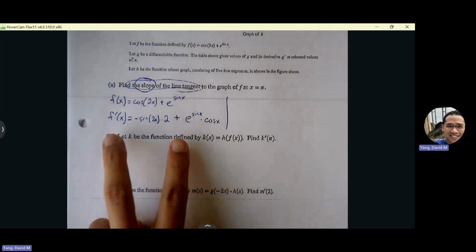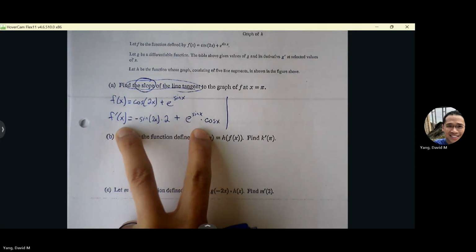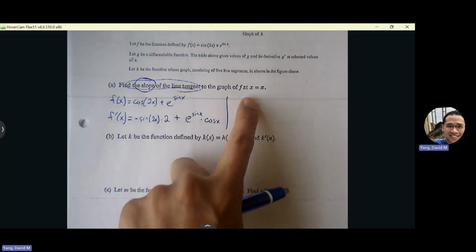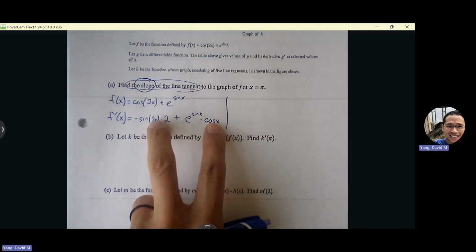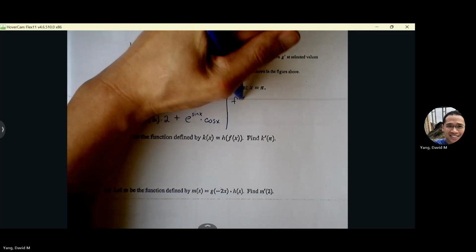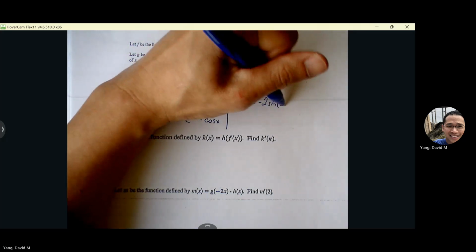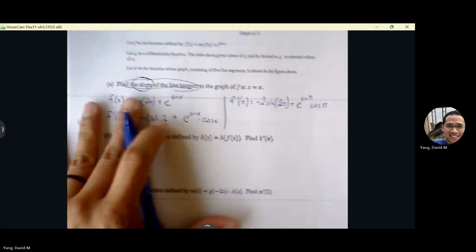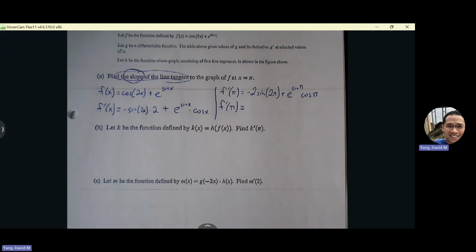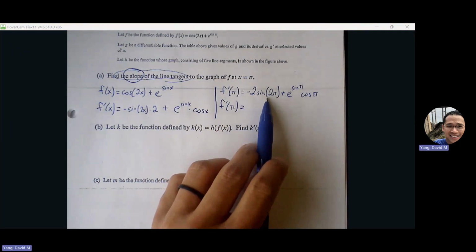Okay. Now that we have our derivative, how can we find the slope? Plug in pi, yeah. Let's see if we can get this down to a cleaner answer. All right, what's sine of 2 pi going to be?